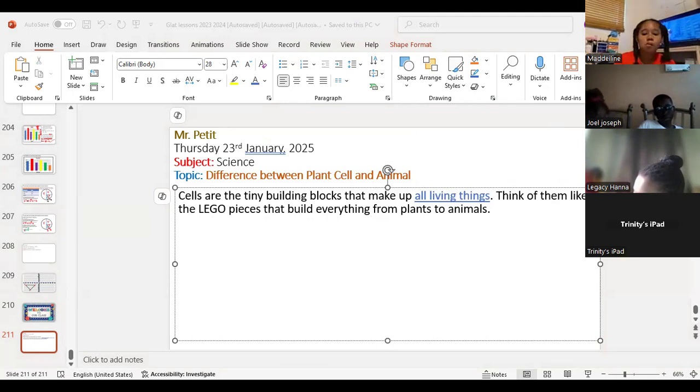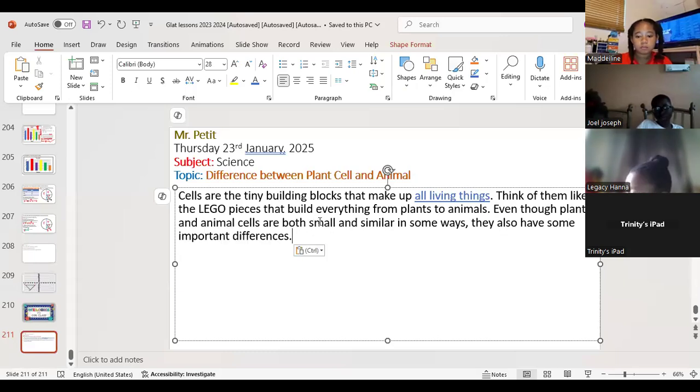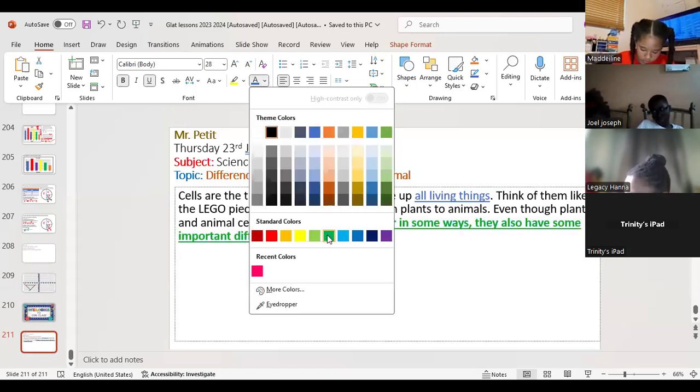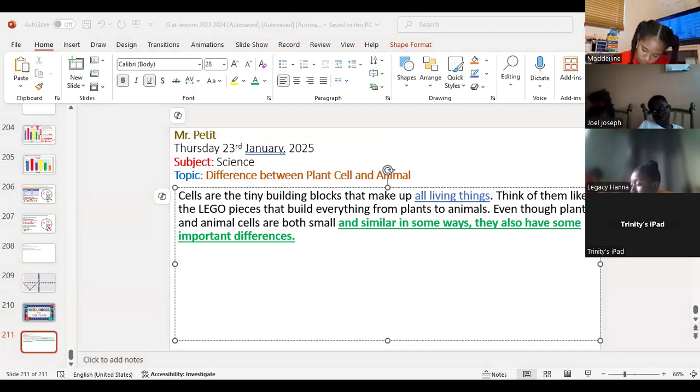So we're going to be looking at the similarities and the differences between them, all right? We're going to start off first with the similarities, like how are they both alike? And for this, I'm going to show you the diagram of a plant cell and an animal cell, so you can see how they look.